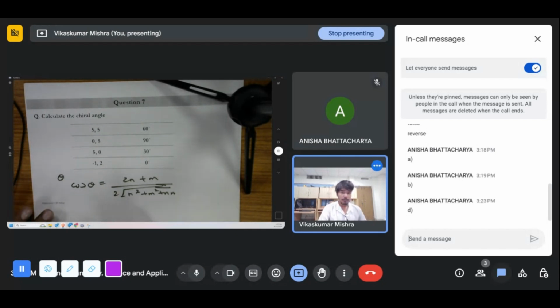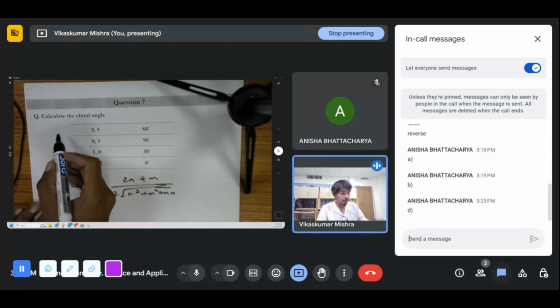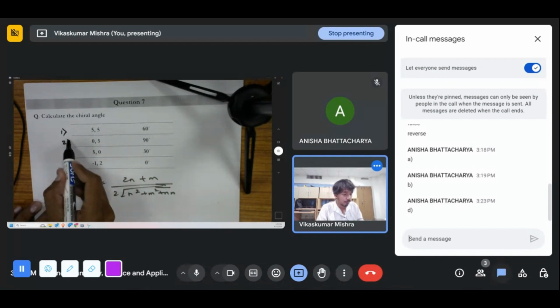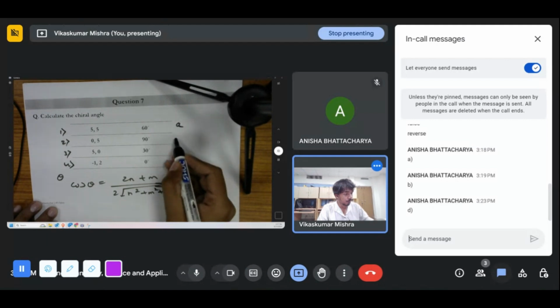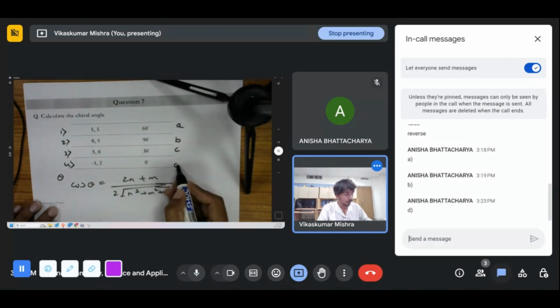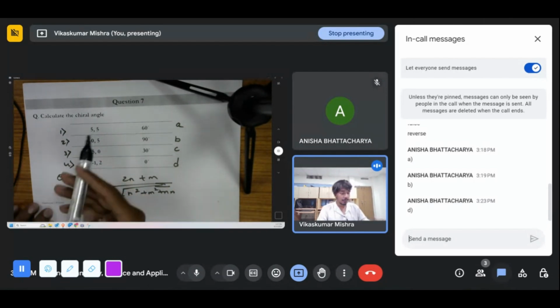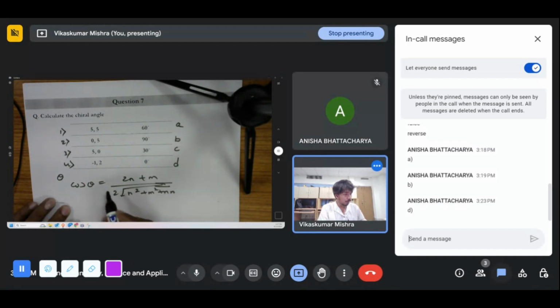So what do you think? Yeah, we just need to substitute these values. Let me substitute the 5 over here, where both the values are equal.